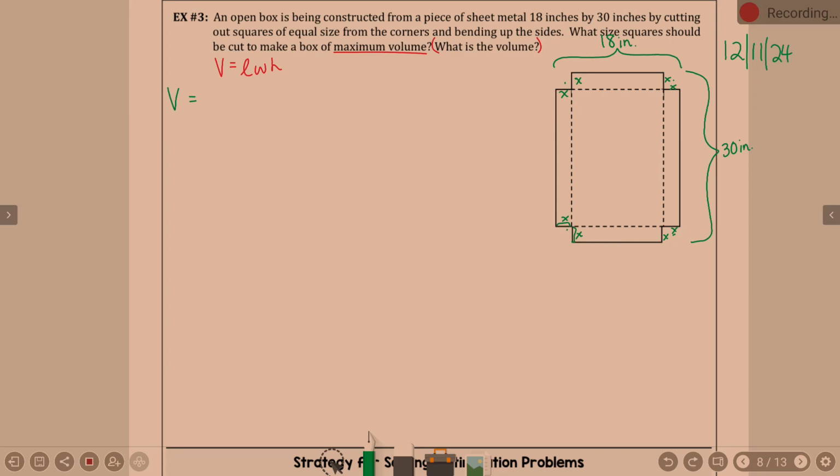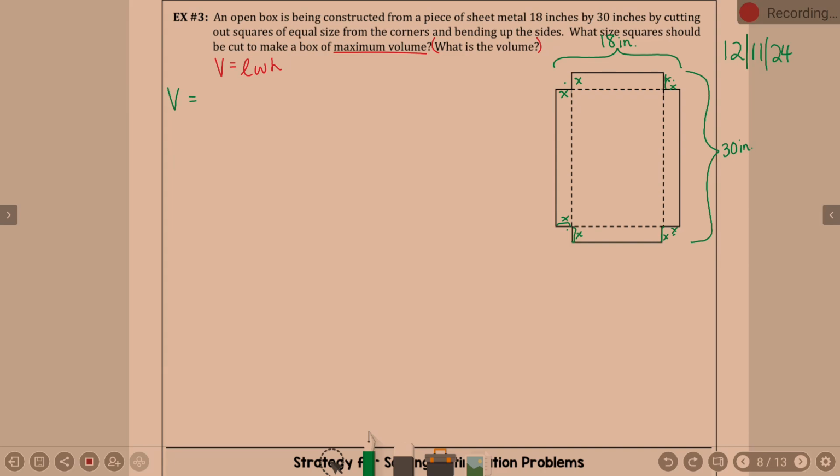With that in mind, thoughts on the length of the box? 30 minus 2x. The length of the sheet metal is 30. We're taking away those two lengths of x, and we fold up those sides.